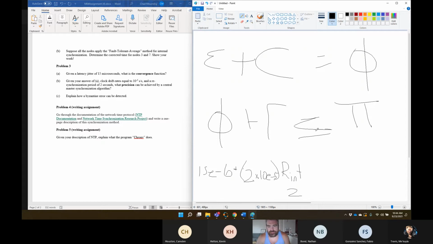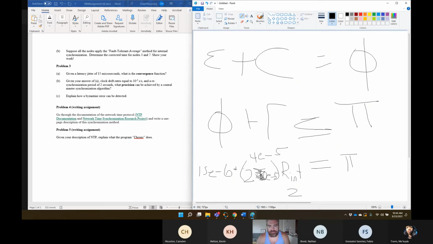The worst case precision would be when these things are equal. So if we do the math, 2 times 10 to the negative fifth times 2 is 4 times 10 to the negative fifth.